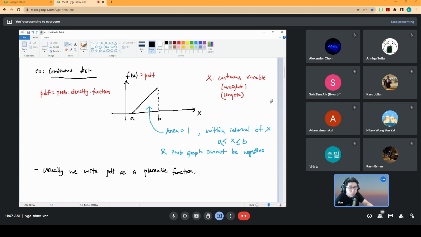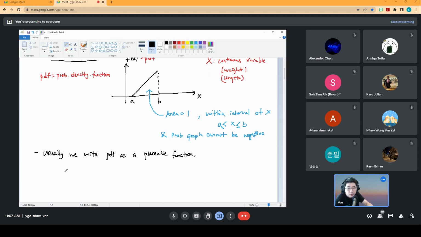So for example, for this shape that we have, let's say 1, 2, 4. I have the k value here.